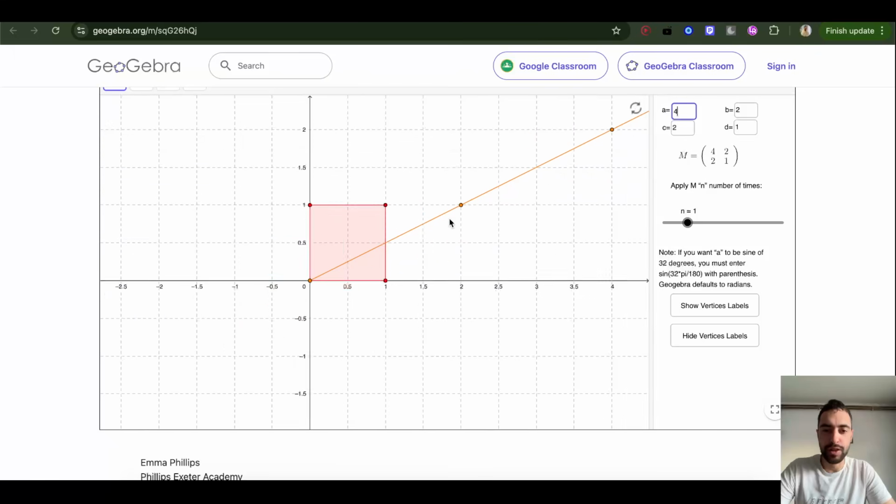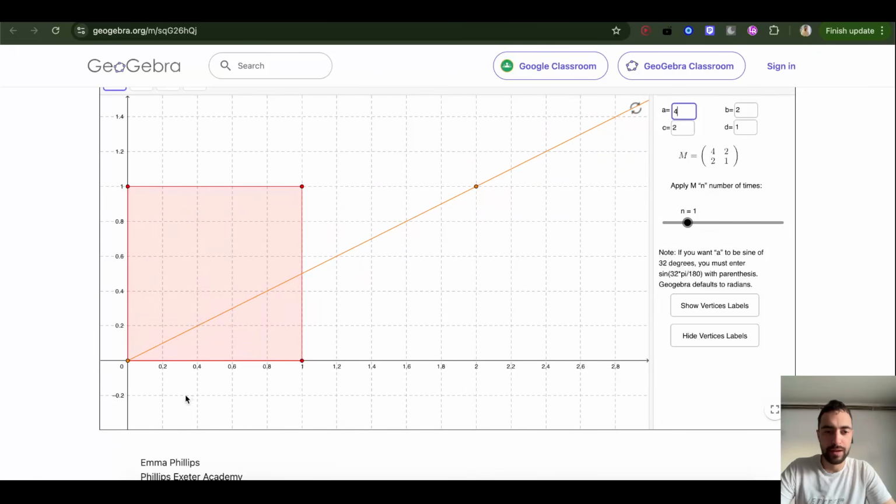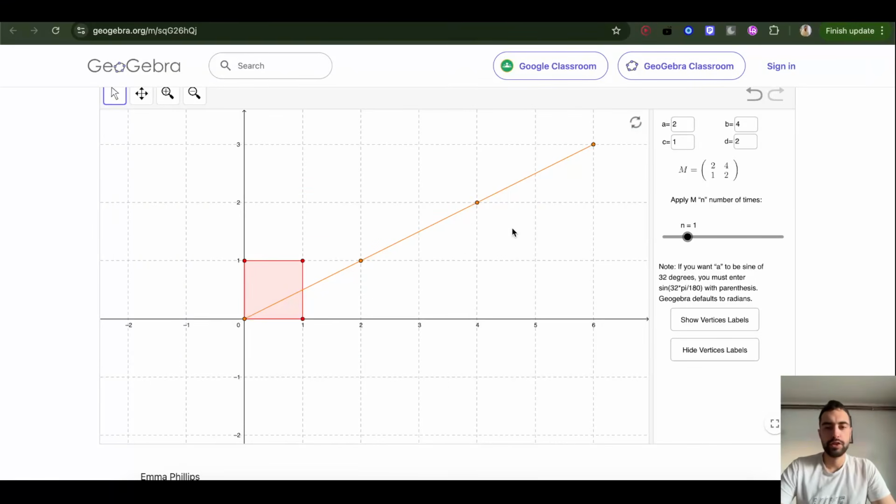So now this area collapsed into a single line. It collapsed 2 dimensions into a single dimension. So now the problem is you cannot invert this back to this square, to this area. Because, for example, for this vector 0, 1 on x, there are infinitely many vectors that fell onto the same place.